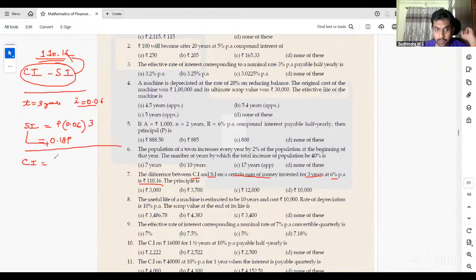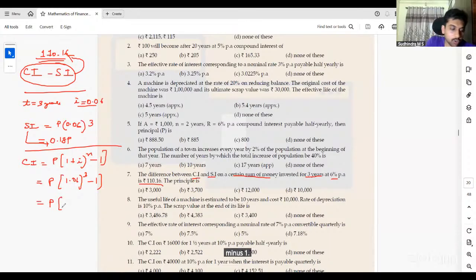Whereas compound interest will be P into (1 plus I) to the power n, minus 1. Correct? Everyone? Yes, minus 1 is there. So compound interest is P into (1.06 to the power 3 minus 1).